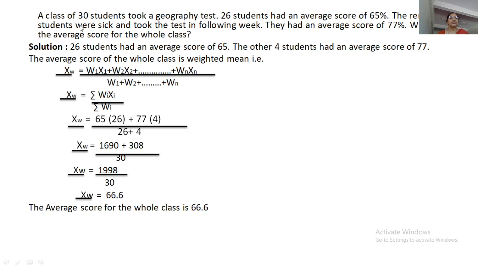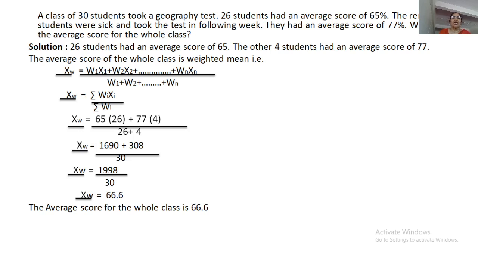This is another example. A class of 30 students took a geography test. 26 students had an average score of 65%, and the remaining students were sick and took the test in the following week. They had an average score of 76. What was the average score of the whole group? This is an example of either weighted mean or our usual combined mean.